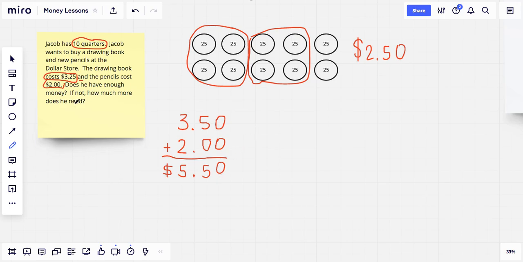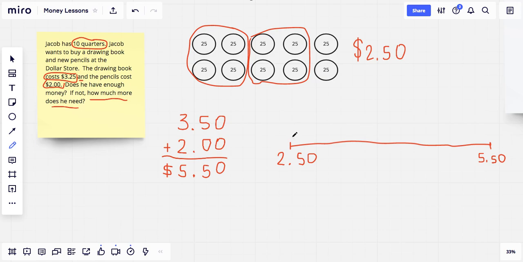So the question says, how much more does he need? All right, this is a great question for a number line. We can also use subtraction. So let's just start with a number line here, because we know how much he has, and we can work our way up to the $5.50. Okay. And some of you boys and girls, I know you're doing the number line in your head, and that's awesome.